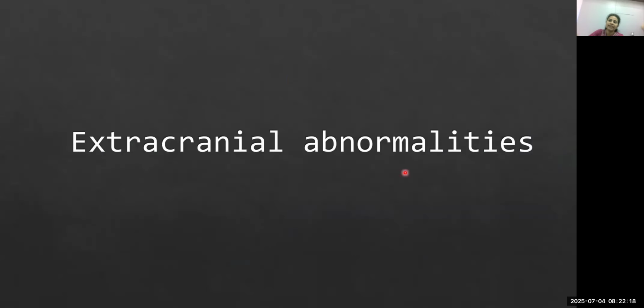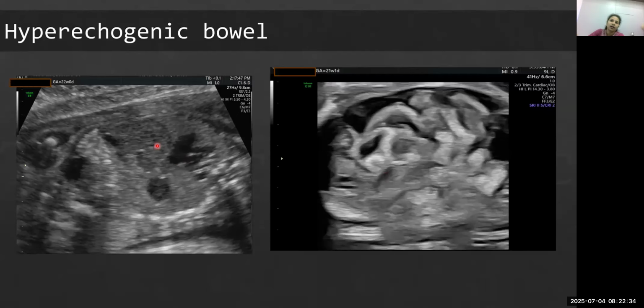There could also be extracranial abnormalities. Whenever we evaluate, not only the CNS, we should also look for the extracranial manifestations, or an extracranial manifestation can lead us to further evaluate the CNS part. So it could be just a hyperechogenic bowel. All these can also be isolated abnormalities.